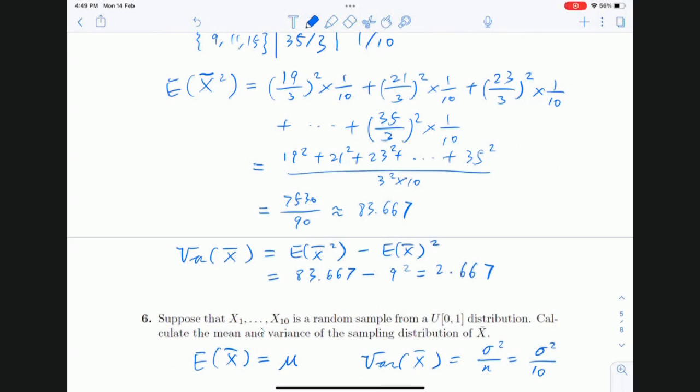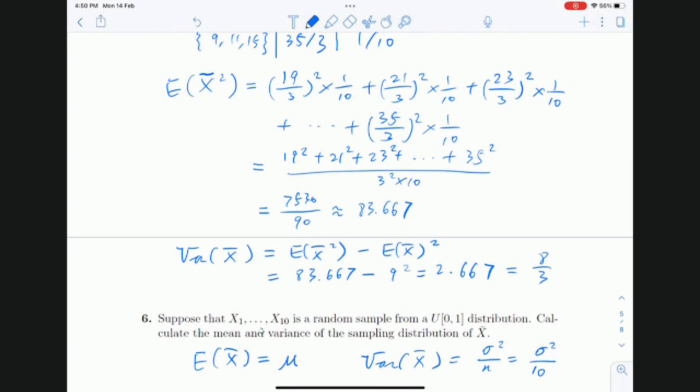The variance is equal to 2.667. Actually, a more exact number is 8/3, if we don't use the decimal form. Any question?